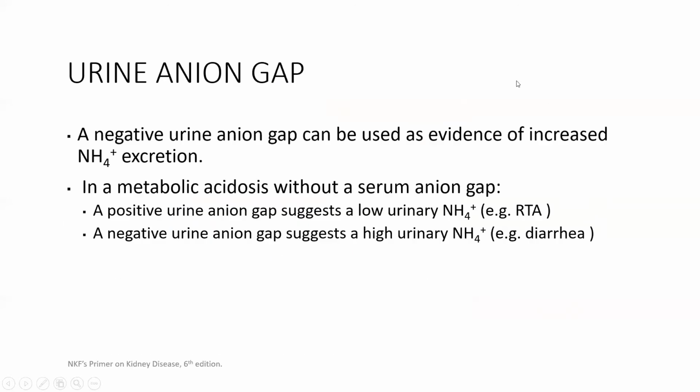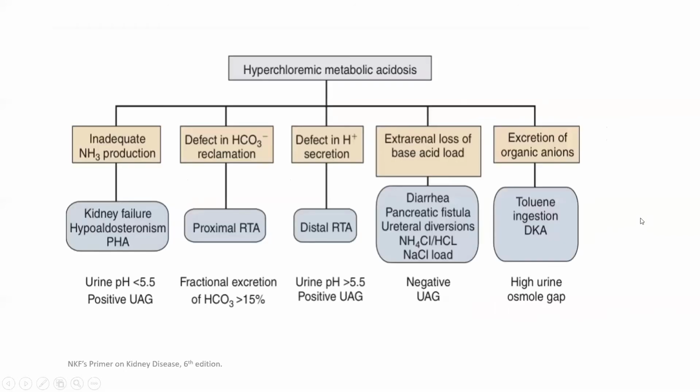Sorry. So in the case of urine anion gap, if in the case of metabolic acidosis with a normal serum anion gap, you can calculate your urine anion gap. If positive, then it could be an RTA. If it's negative, it could be due to diarrhea causing the metabolic acidosis. Okay, so this is a simple diagram of a hyperchloremic metabolic acidosis.